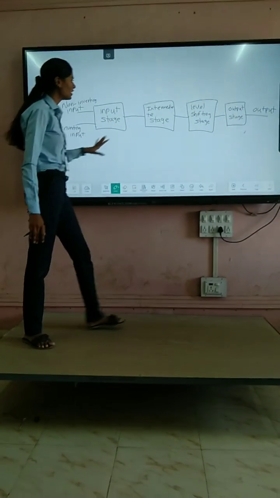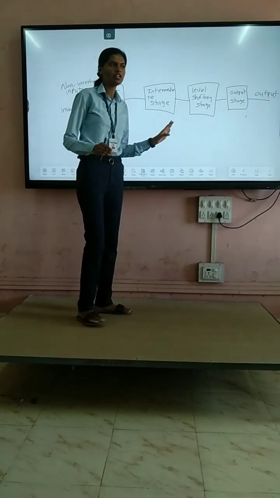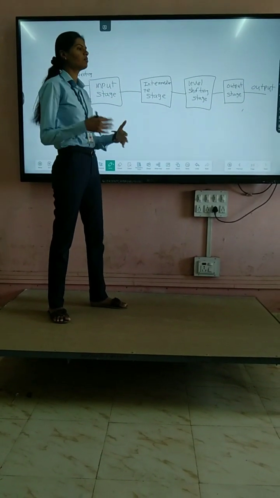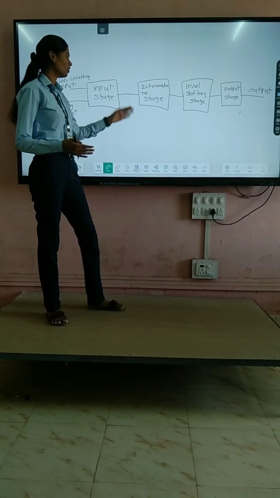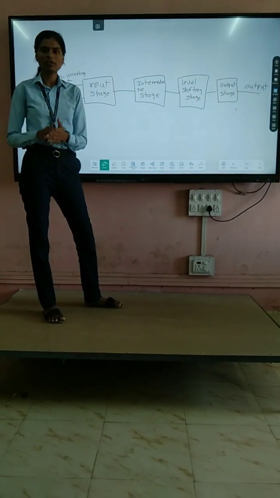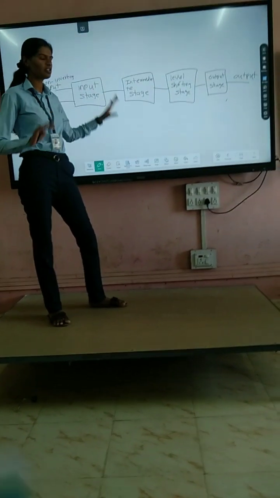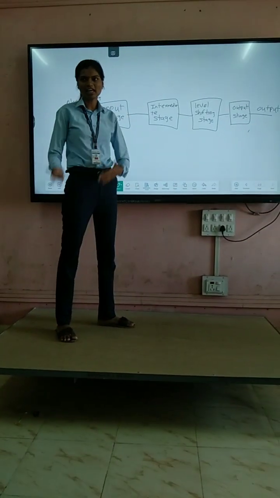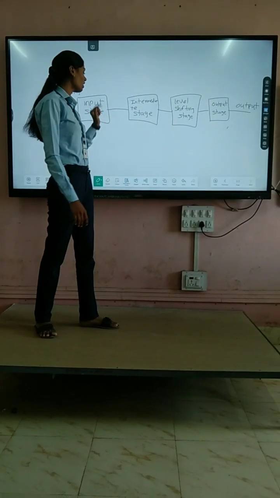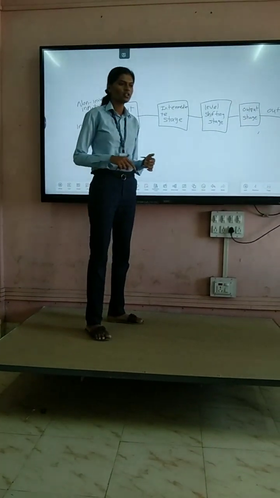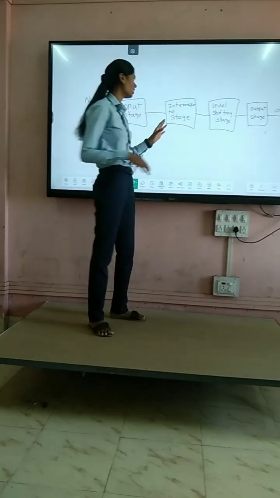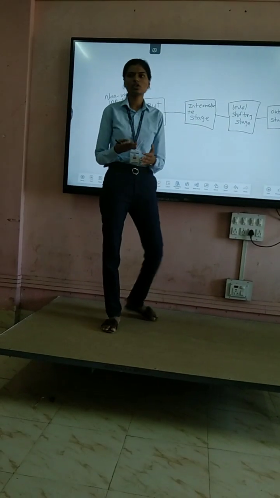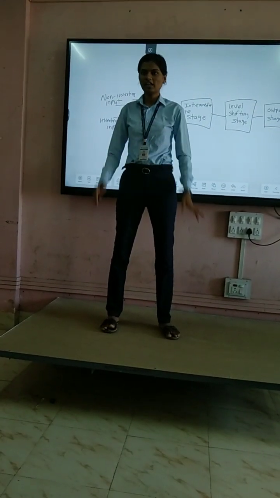Second is the intermediate stage. It is another type of differential amplifier, and in the intermediate stage, dual input, unbalanced output is present. In the intermediate stage, DC coupling is used.